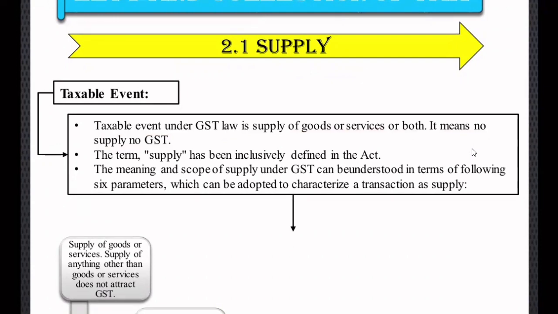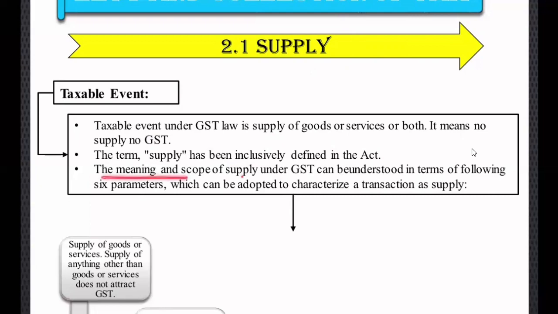The term supply has been inclusively defined in the Act. And this supply is all about Section 7. The whole Section 7 speaks about what actually is supply. So can you understand the importance of it, that a separate section has been provided just to make supply clear to everybody?